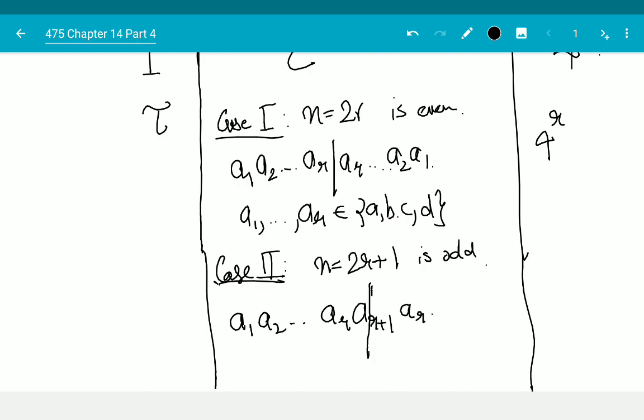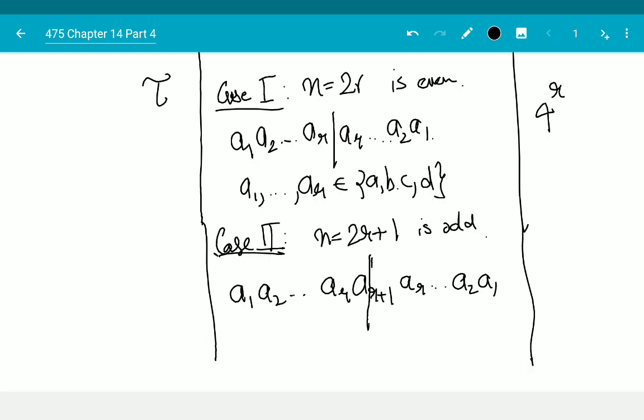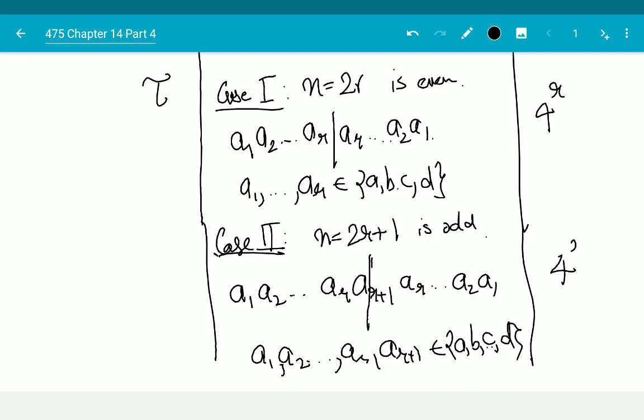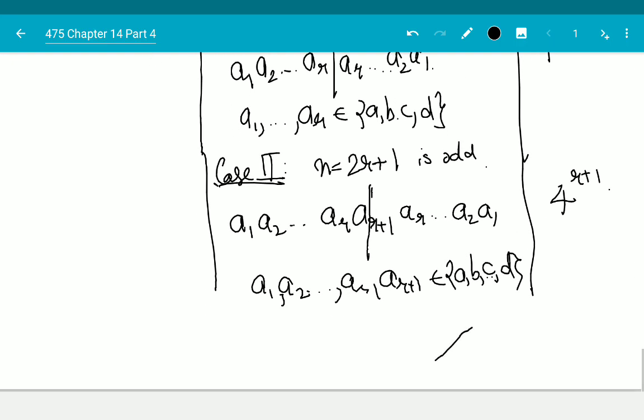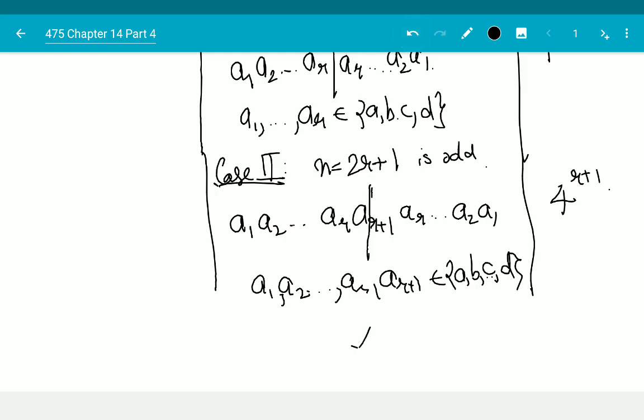Then I again have ar to a2, a1. And so the total number of choices now is a1, a2, up to ar, but also a_{r+1}. That is also something I can choose. It can be any of the four colors, A, B, C, D. And so the total number of choices is 4 to the r plus 1. Right? So it depends on whether n is even or odd.